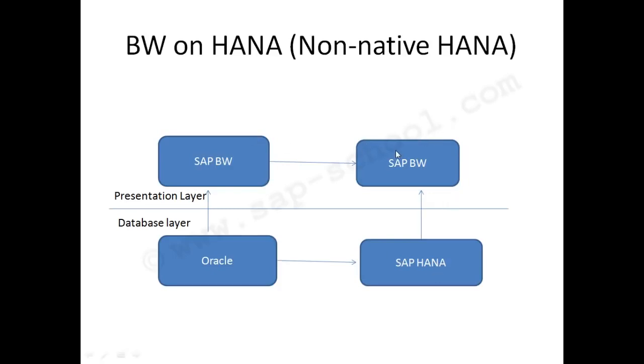So all your BW models will be there, but you're just using the HANA database, which is a much better database than the regular databases, and you connect that HANA to BW, and you still use your BW as well for your modeling and reporting purposes. So this is a small scenario for non-native HANA.